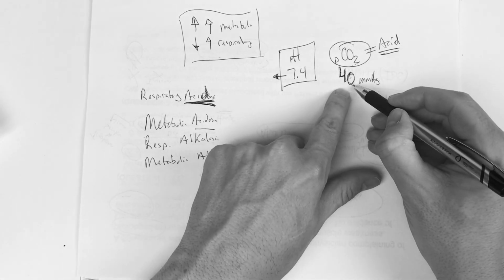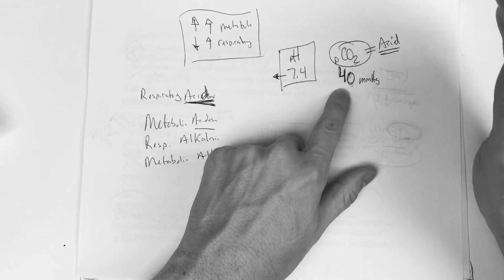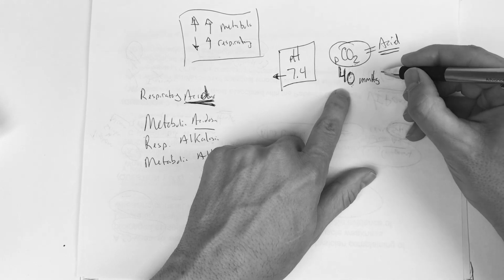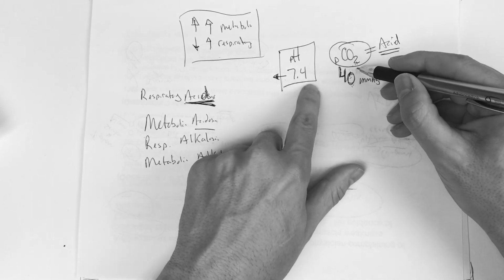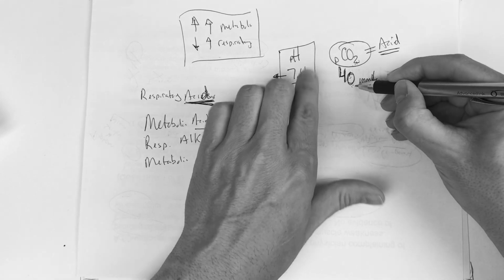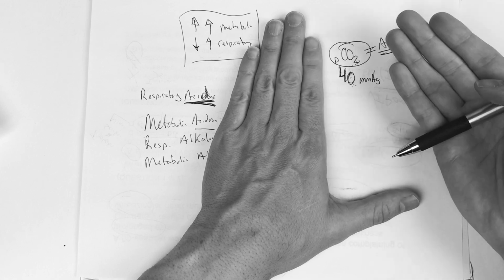Now, if the CO2 is elevated, right, because I have more CO2, then boom, okay, it's respiratory, right? CO2 is respiratory. Because if I'm acidic on the pH and my CO2 is elevated, I know it's acidosis number 1. Then I have to say, well, is it metabolic or respiratory?